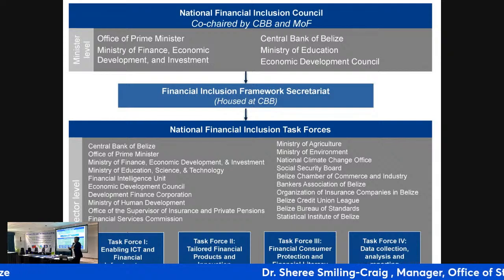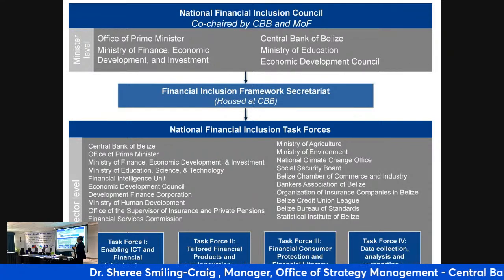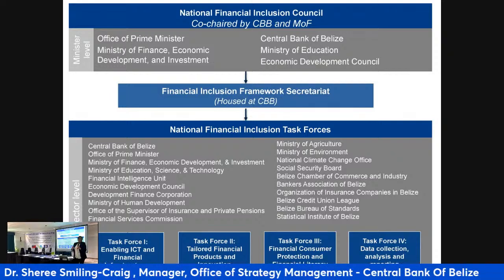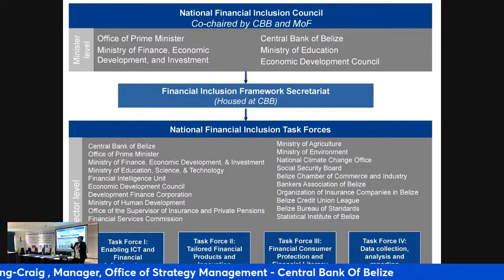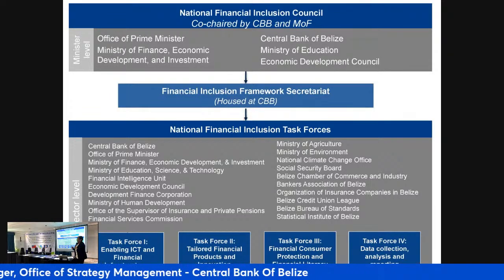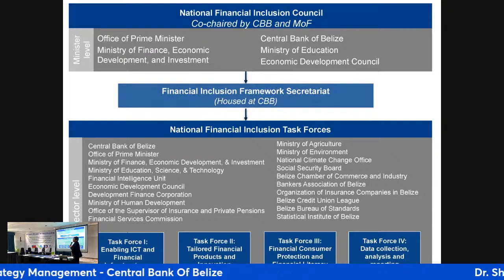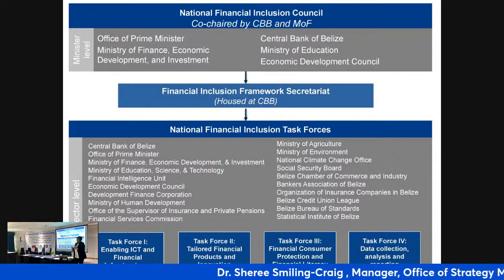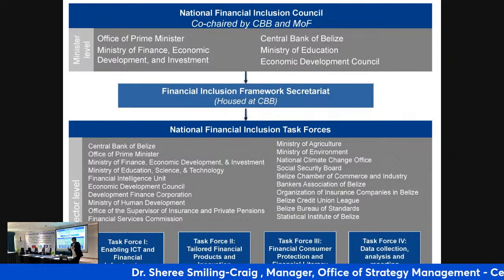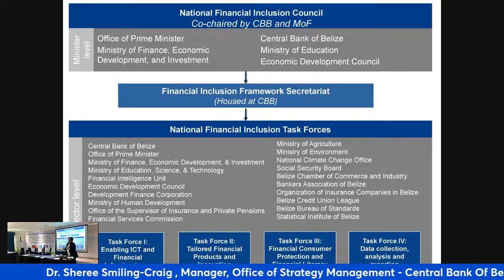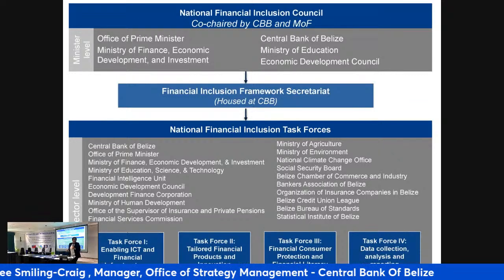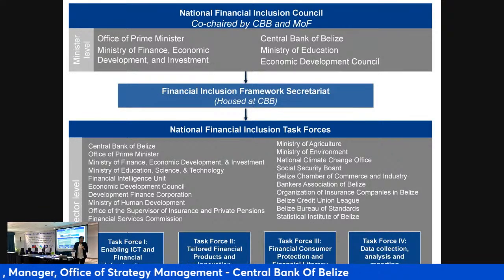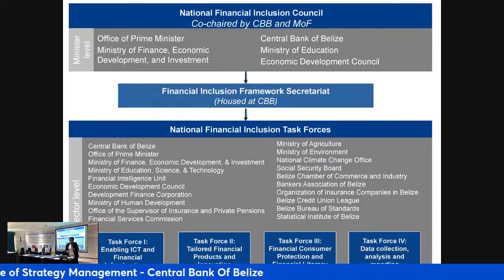So we want to develop a financial inclusion council. And because it should be at the highest levels, financial inclusion has to start at the highest levels in our country. The Office of the Prime Minister has to be represented on the council along with the Ministry of Finance, Economic Development and Investment, and the Central Bank, the Ministry of Education, and the Economic Development Council.